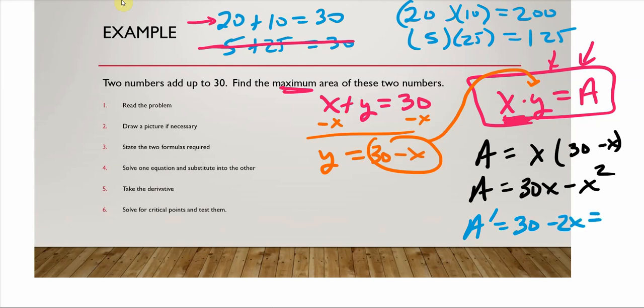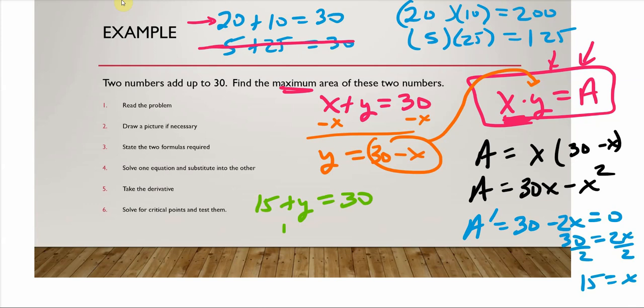To get the critical points, we set it equal to 0. So instead of moving the 30 over, I'm going to move the 2x over. So 30 equals 2x. I divide by 2 on both sides. That means x is going to equal 15. So what I have now is my x coordinate. My x coordinate is 15. So if I have 15 plus y equals 30, that means y is going to be 30 minus 15, which is 15.